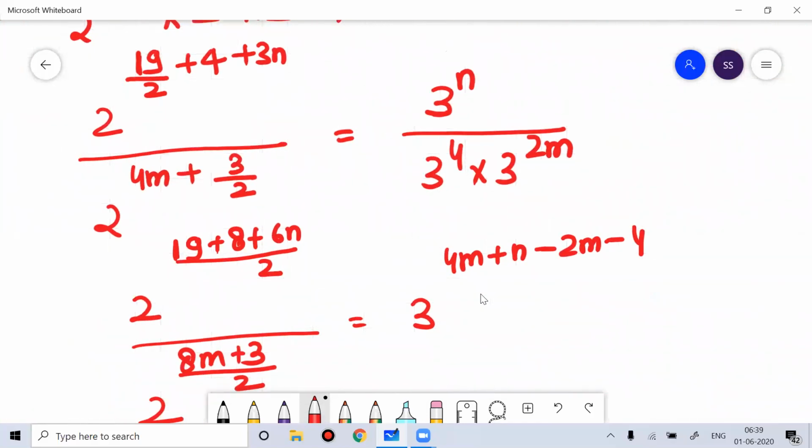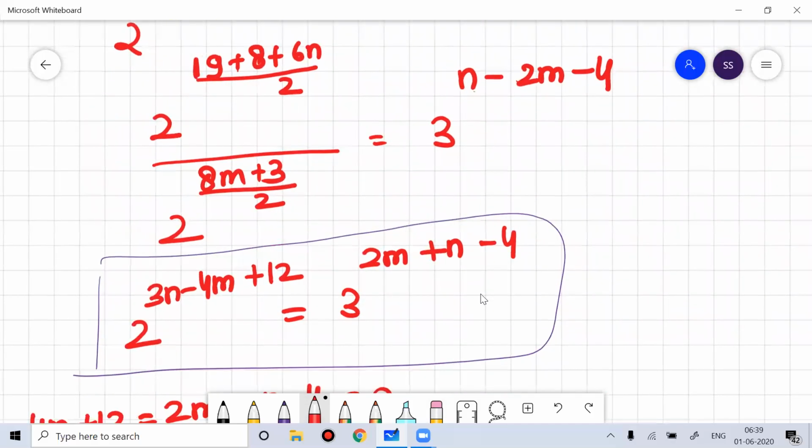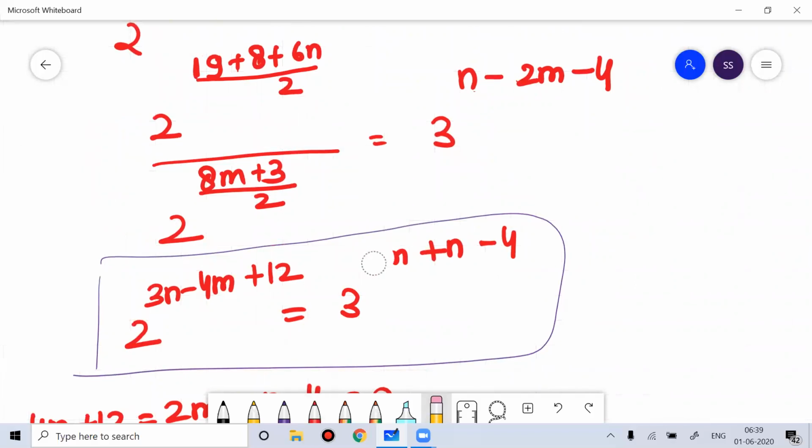So on the RHS you get n minus 2m minus 4. So this is n minus 2m minus 4.